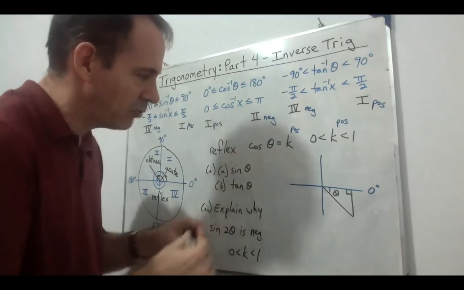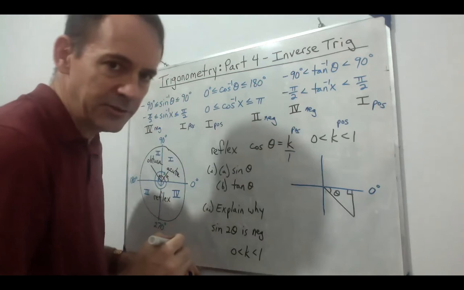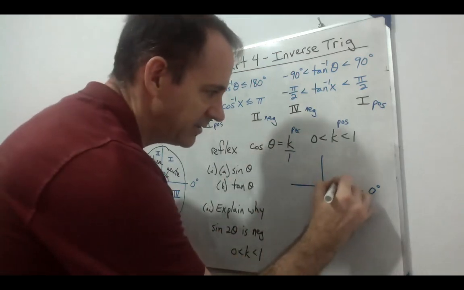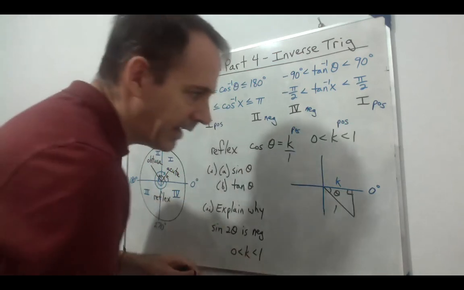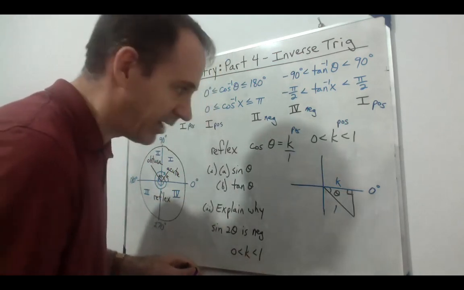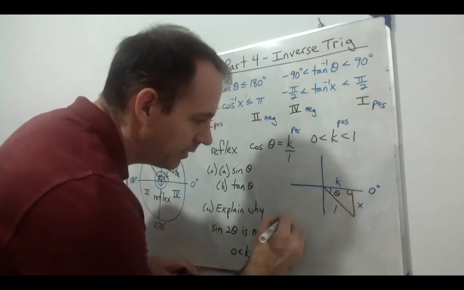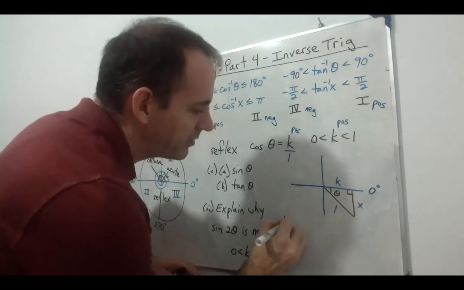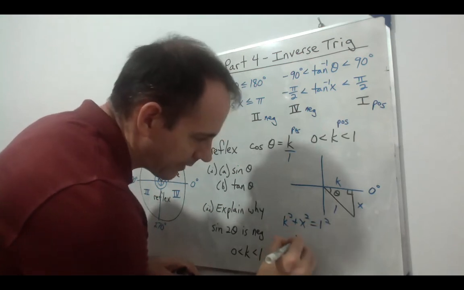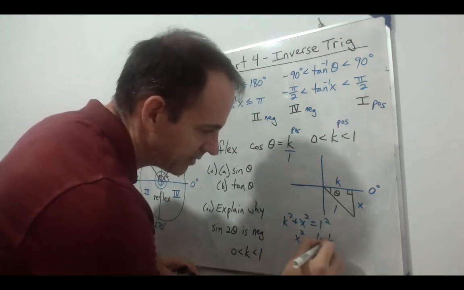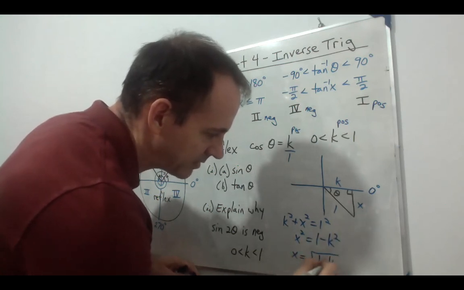And again, cosine is adjacent over hypotenuse. So adjacent over hypotenuse makes this. And again, we need to do our algebra really quick. So if we call this x for now, we have k squared plus x squared equals 1 squared. x squared equals 1 minus k squared. x equals the square root of 1 minus k squared.